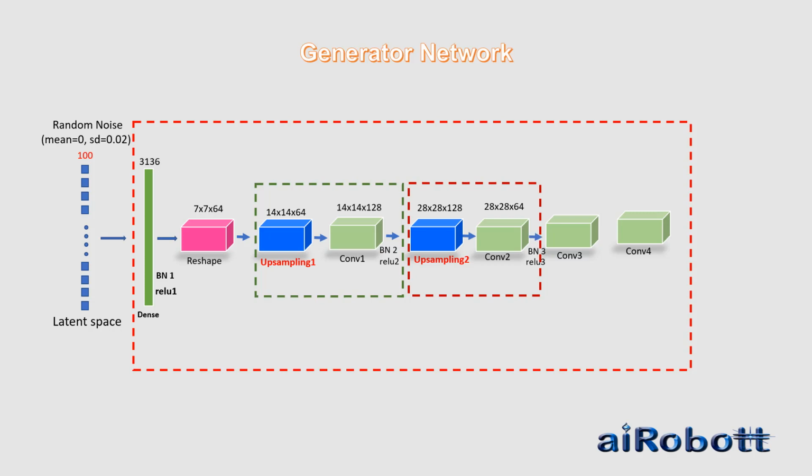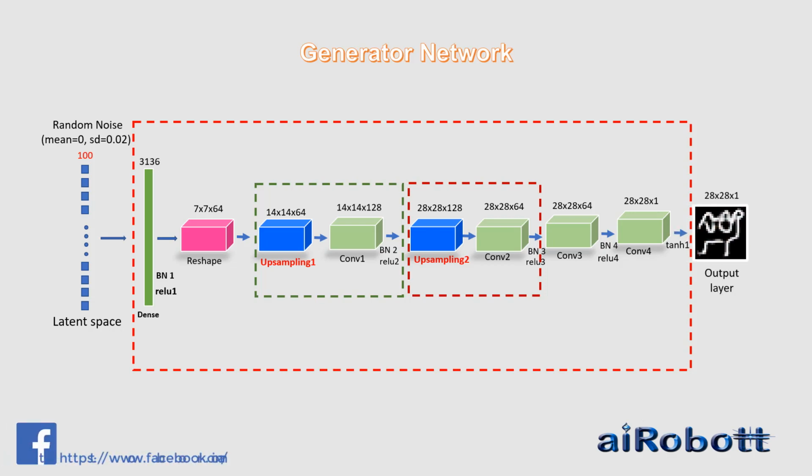Next, it is passed via a convolutional layer, batch normalization layer, ReLU activations. Next, it is passed via the last convolutional layer and tanh activation function. Now the required size of image is produced by this generator.